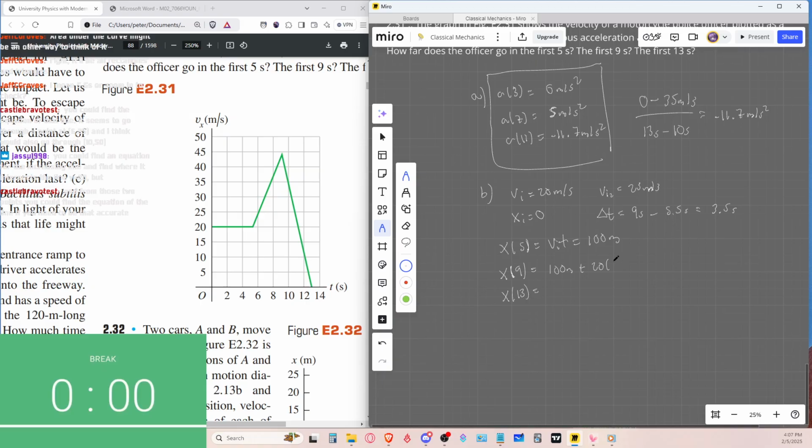Yeah, 20 times 3.5 plus half a second, and then that's 5 meters per second squared, then 3.5.